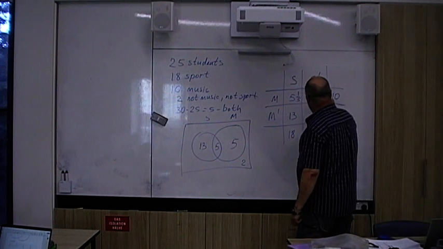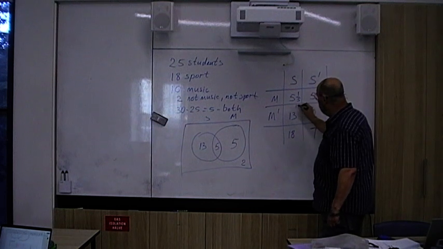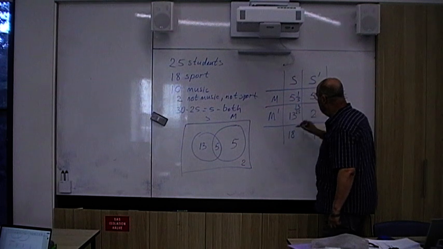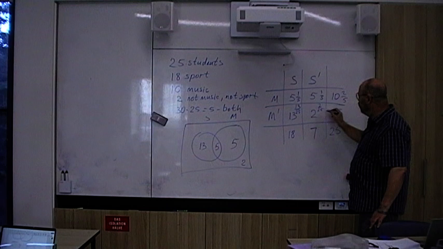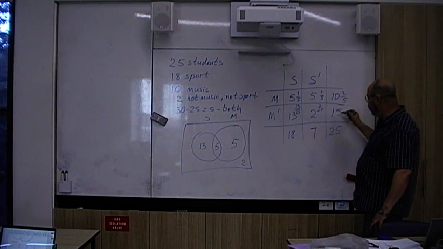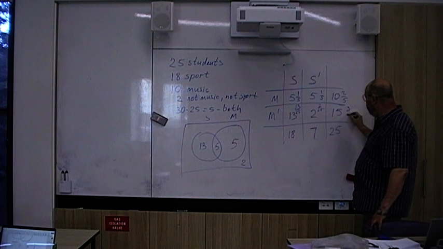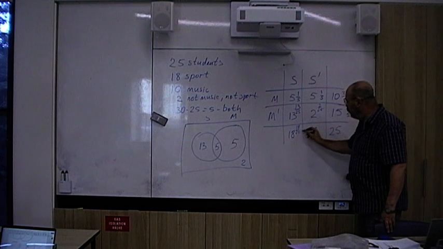This will be 13 on 25. This will be 2 on 25, because we're over 25, over the total. This will be 15 on 25, which is 3/5, 18 on 25, and 7 on 25.